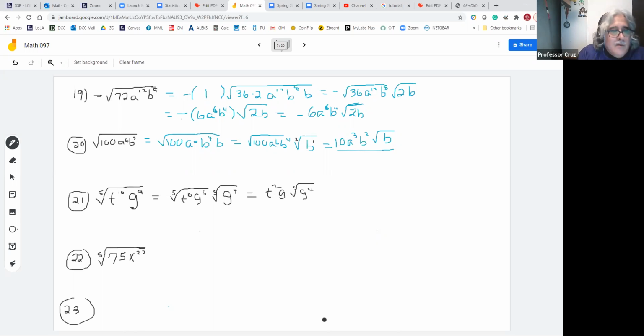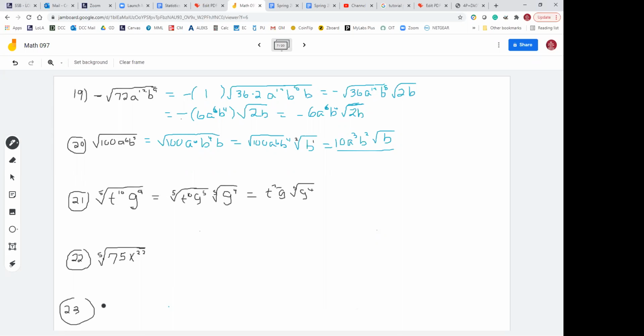Try that one. That one kind of threw me for a loop when I first saw it, but then I realized it was easier than I was expecting.